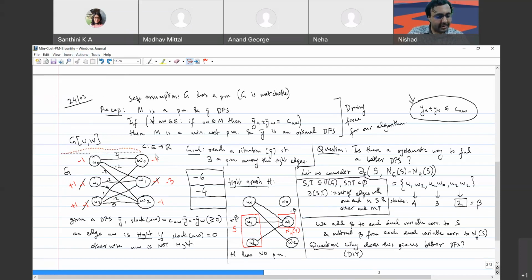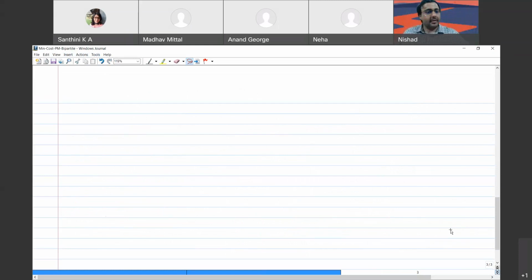I'll give it one last shot. All right. Anyway, let me just go to another page and draw this whole thing. It won't take that long.